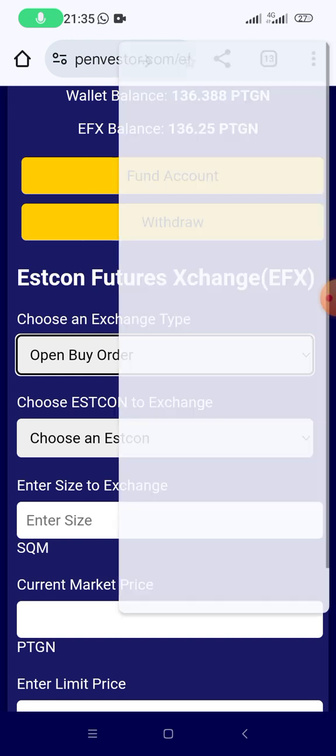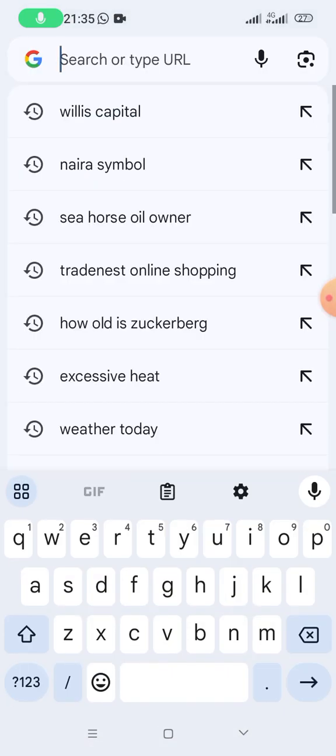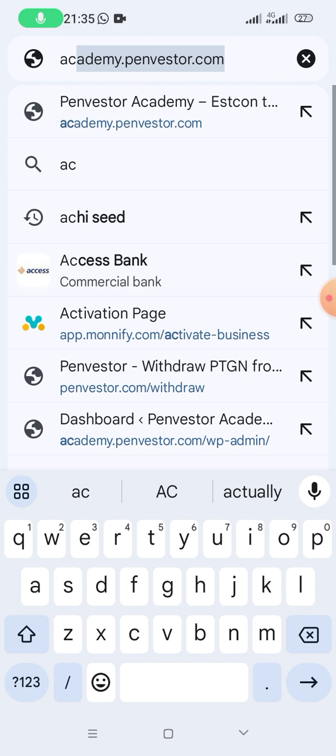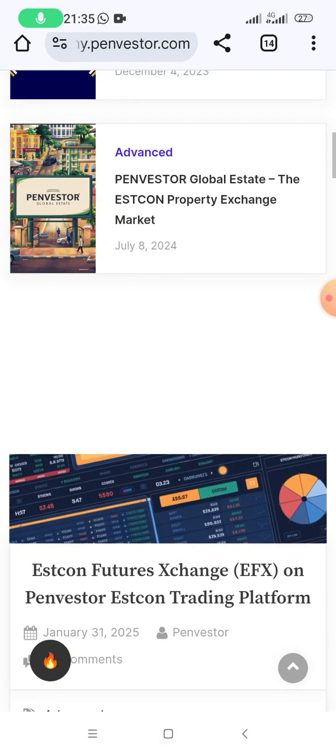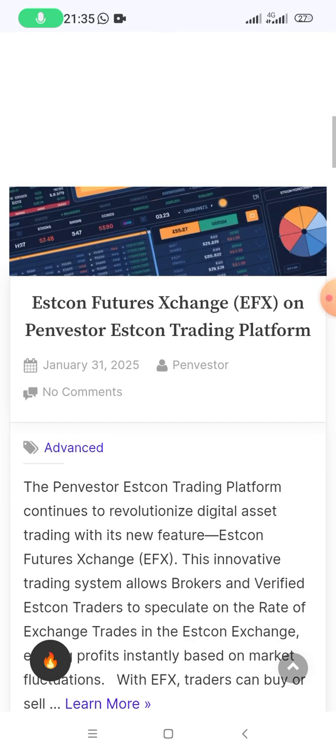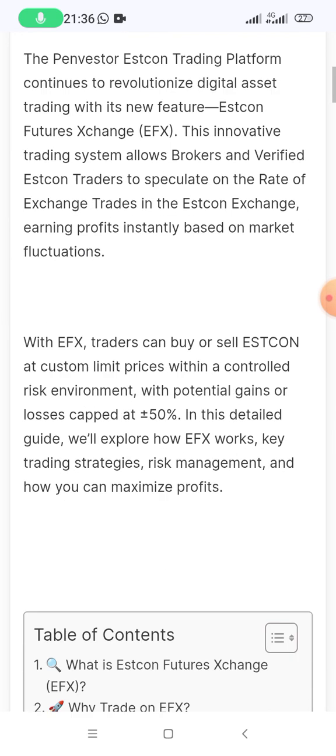Let me go to Academy, that is Penvest Academy. I think that's where you're going to see what I'm talking about. Yeah, this is Estcon Futures Exchange. I want to bring the idea of what I want to tell you there, and that's where you read more info.